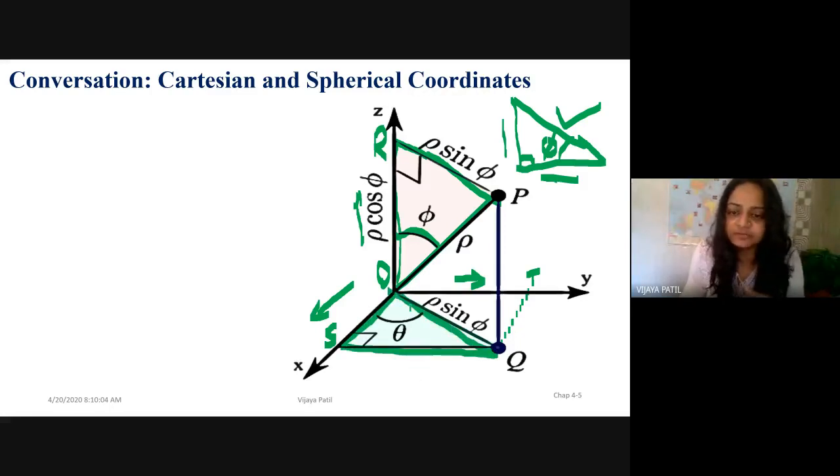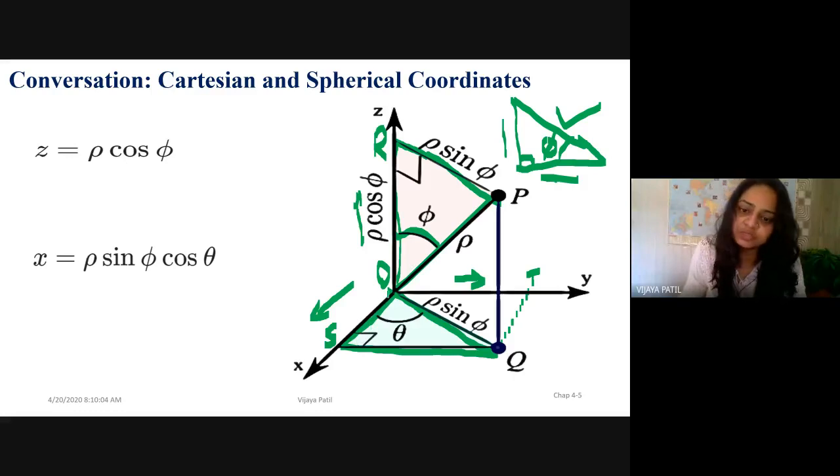This is a triangle. If this is a triangle, what is my OS? OS will give me, so we have z as rho cos phi, right? And we need the positive x-axis. Because it's a cos here and the angle is theta, this x is rho sin phi cos theta. And I need to find out this also.